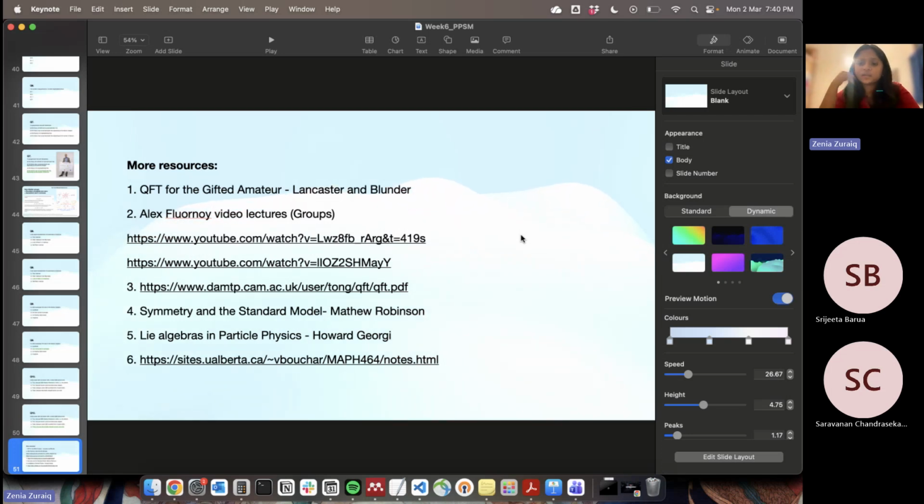Depending on your interest, if you want to go deeper into any of these ideas like QFT or group theory, apart from the resources recommended by the course instructor, I would recommend these as well. These are what has helped me in both learning standard model physics and preparing for this course as a non-particle physicist. These are the things that have helped me the most pedagogically.